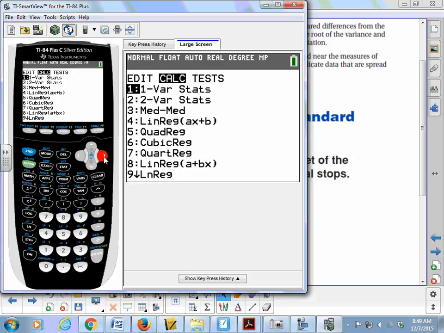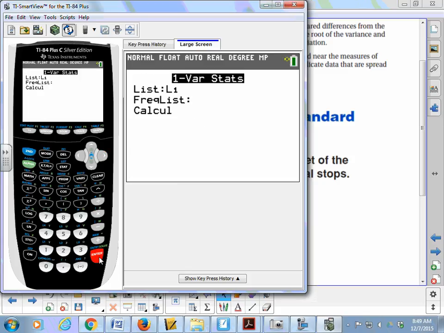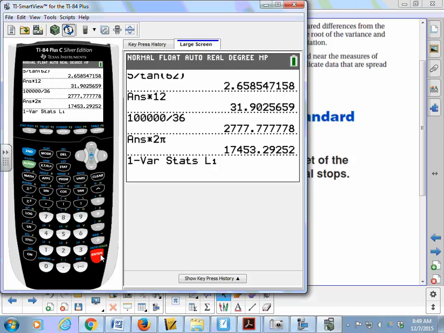We have all these regression things here. Well, we don't want the regression in this case. We're going to do one variable statistics, number 1. Just hit enter. Our information is in list 1. In the frequency list, you don't need to worry about that because we already know they're all just 1, and calculate.